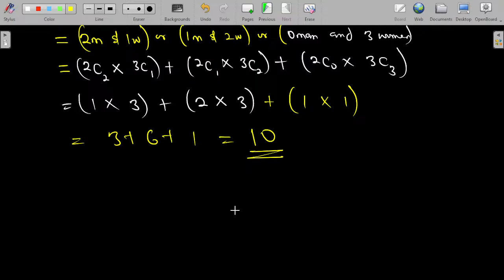Okay, so please pay attention. This particular question I just solved now is actually in 2 parts. The first is what we just finished. The question says a committee of 3 persons is to be constituted from a group of 2 men and 3 women. In how many ways can this be done? That's one question. But I discovered that most students, when they solve this exercise, they leave this part and go straight to the second question.